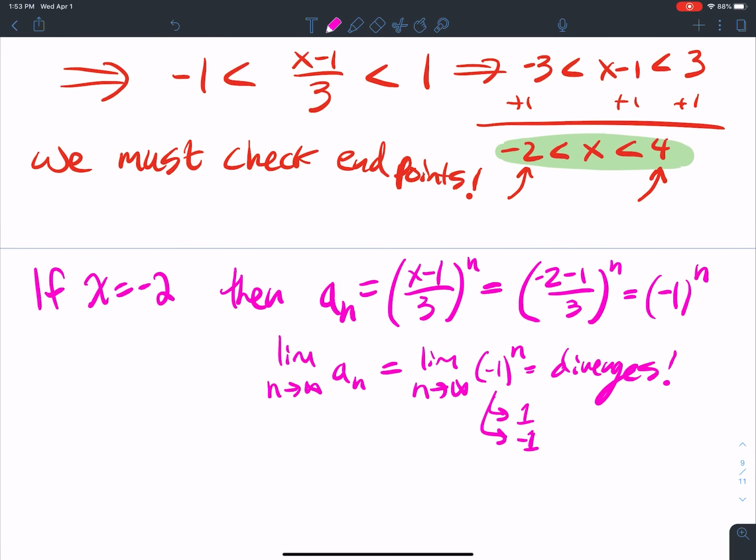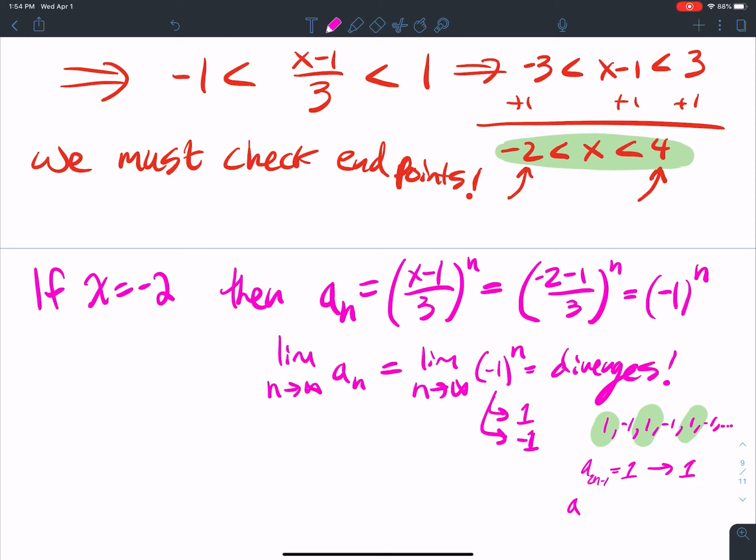If it started at n equal to 0, that's 1, and then n equal to 1 is negative 1, and then 1, and then negative 1. It just switches back and forth. So I could take a subsequence of all the odd ones here, and that limits to negative 1.